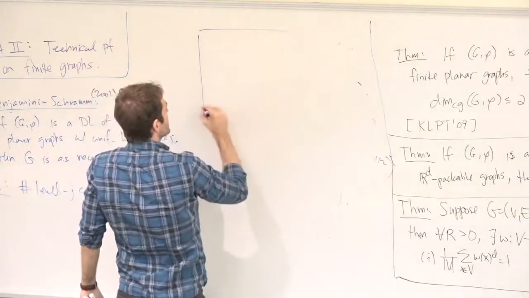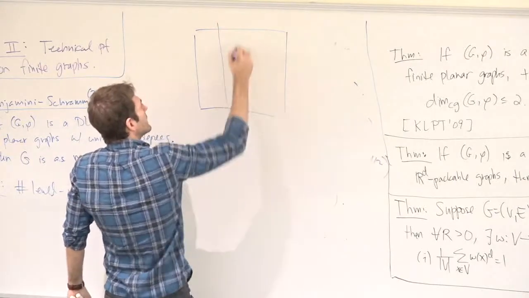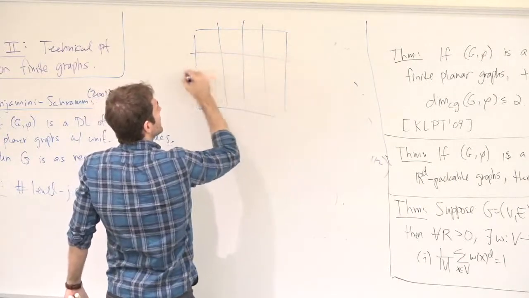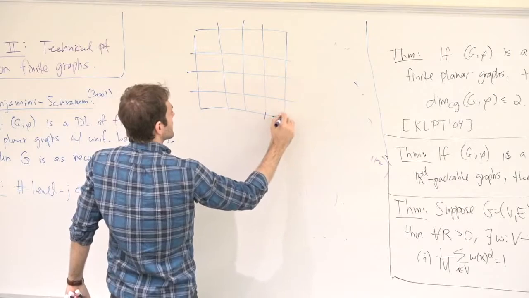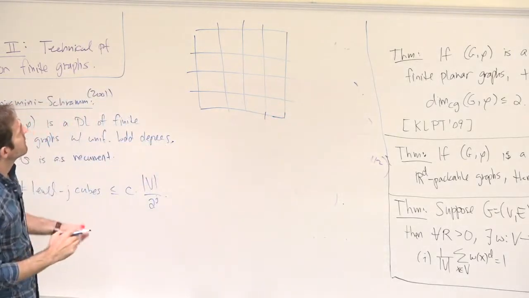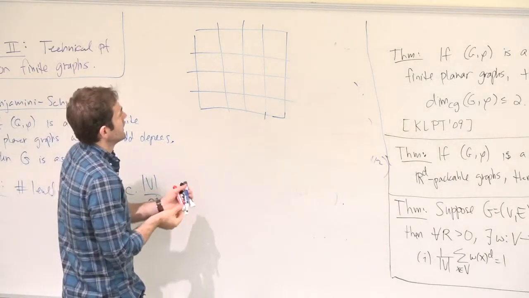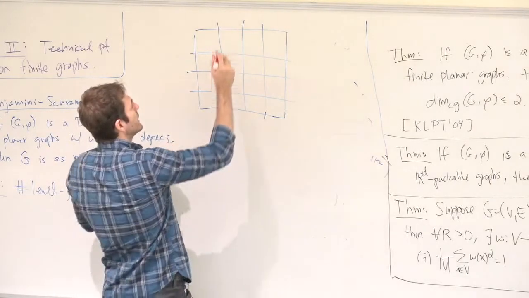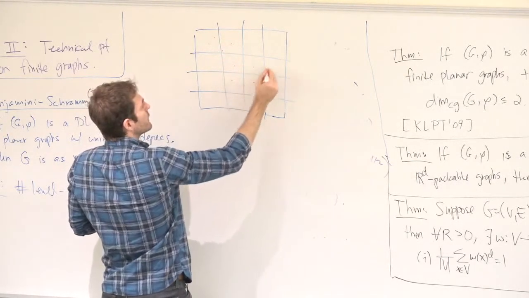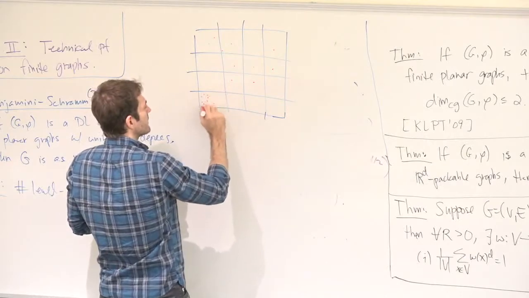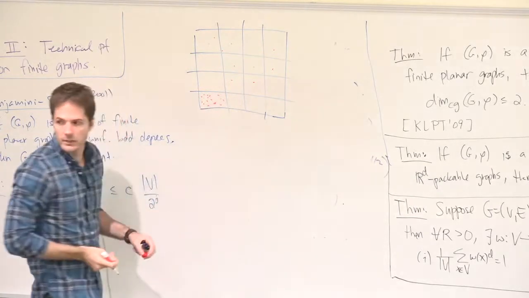The main problem would be something like this. Here's the smallest cube containing the set U. And then the problem is that you have, let's say, a few points of U out here, and then most of them in here.